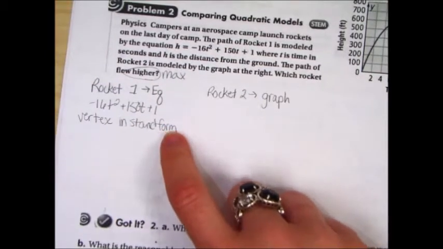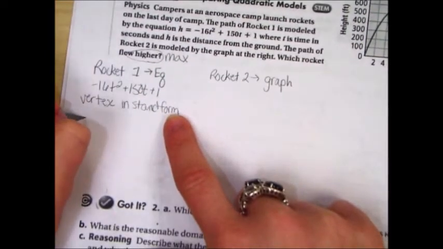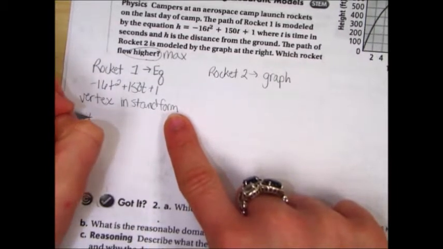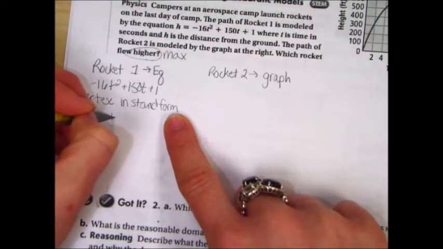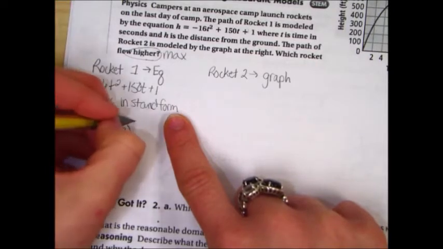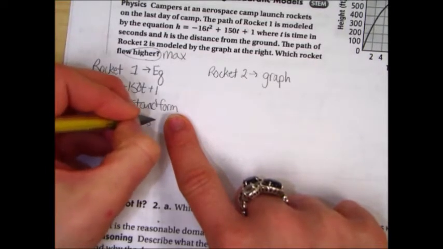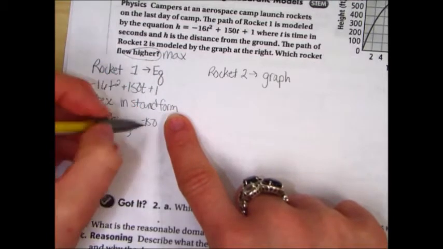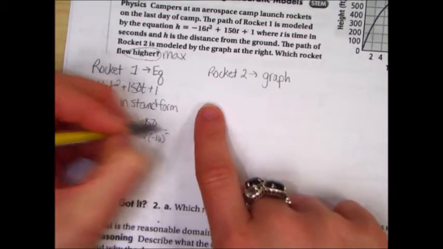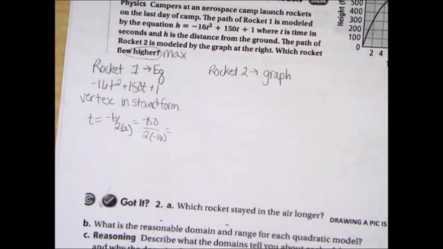Now how do you find the vertex in standard form? You write x equals, well in this case, x is a t, so t equals, or time equals, -b over 2 times a. So negative b would be -150 over 2 times a is -16. Okay, you plunk that into your calculator and you need to get a solution.